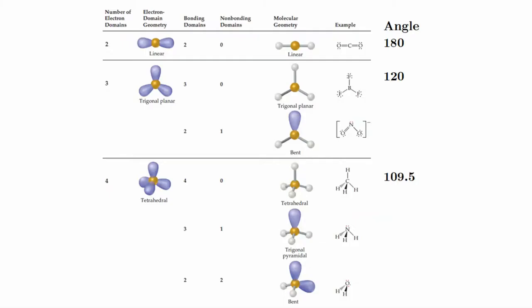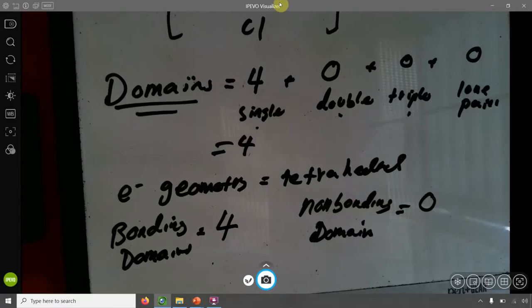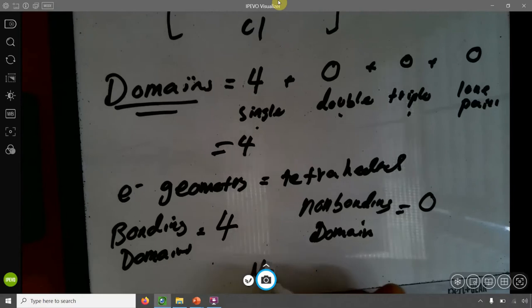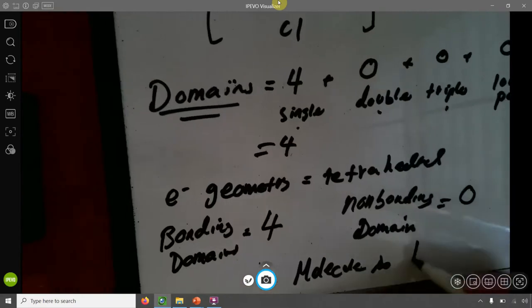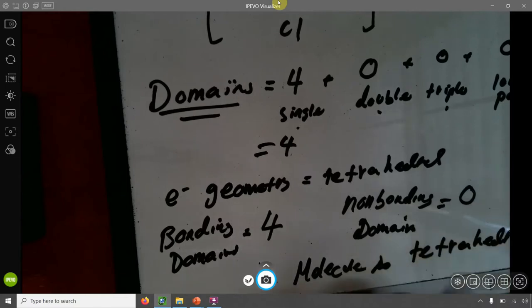So I look at this again. Bonding is 4, non-bonding is 0, so the molecule is tetrahedral as well. So this thing is tetrahedral. Okay, so that's how we do that.